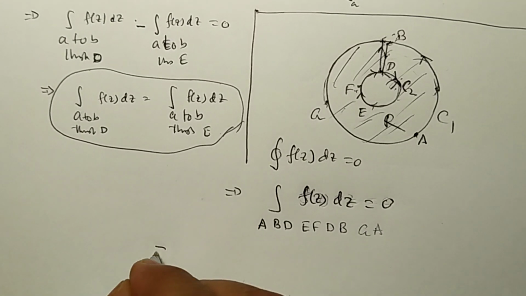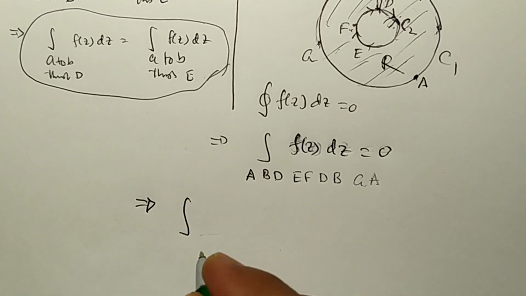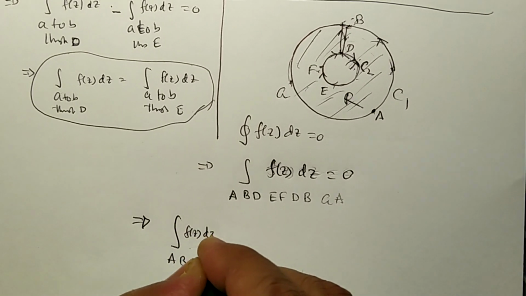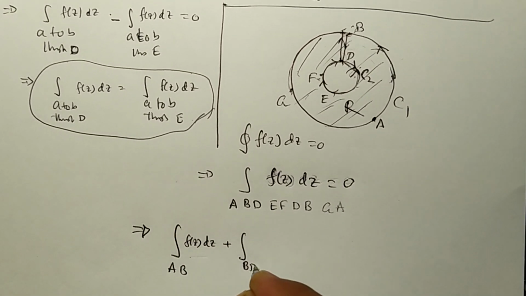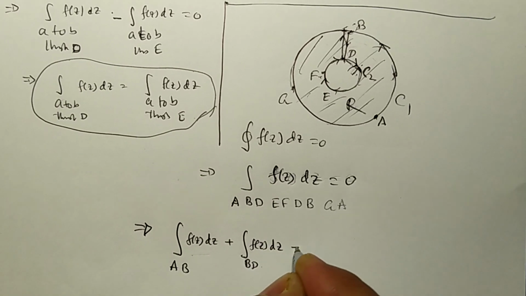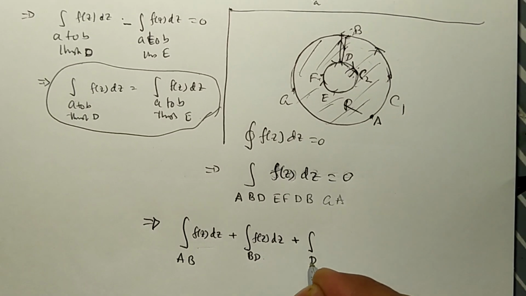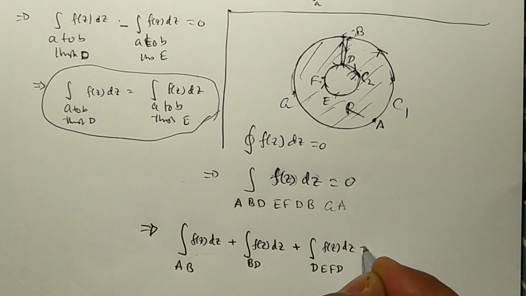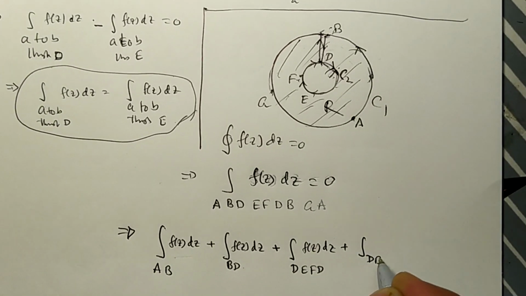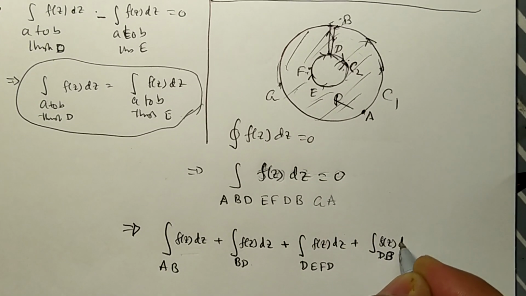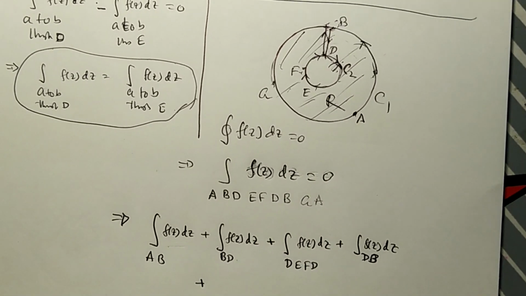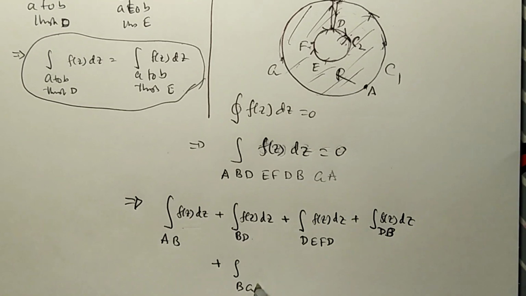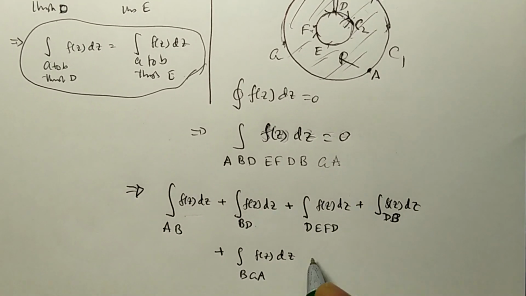Now if I break these paths, then it would be integration from A to B f of z dz plus B to D f of z dz plus integration D E F D f of z dz plus integration D to B f of z dz plus integration from B G A f of z dz, that is equal to 0.